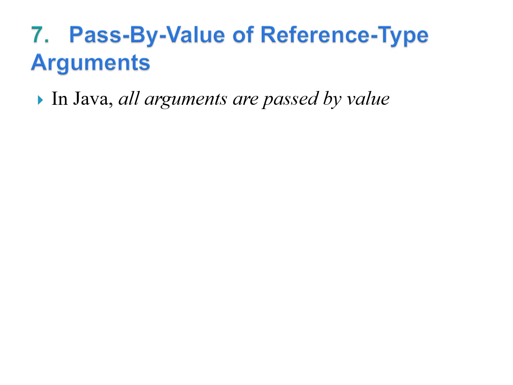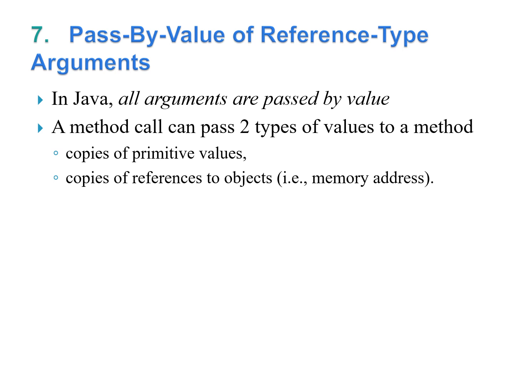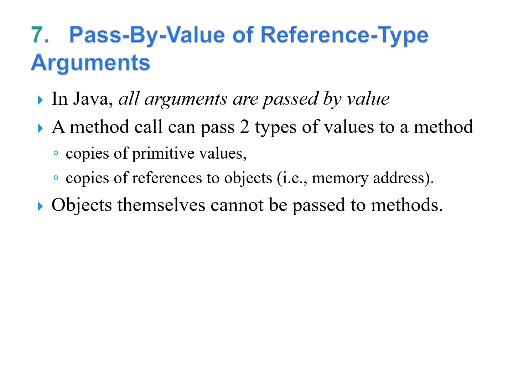So a method call can pass two types of value to a method: copies of primitive values or copy of references to objects if the parameter is of a reference type. But note that objects themselves cannot be passed to methods.